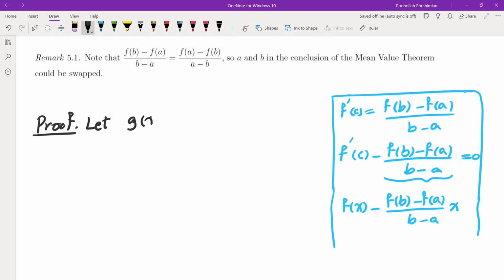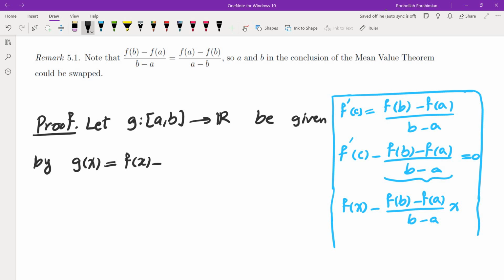Let g from a, b to R be given by g of x equals f of x minus f of b minus f of a over b minus a times x.